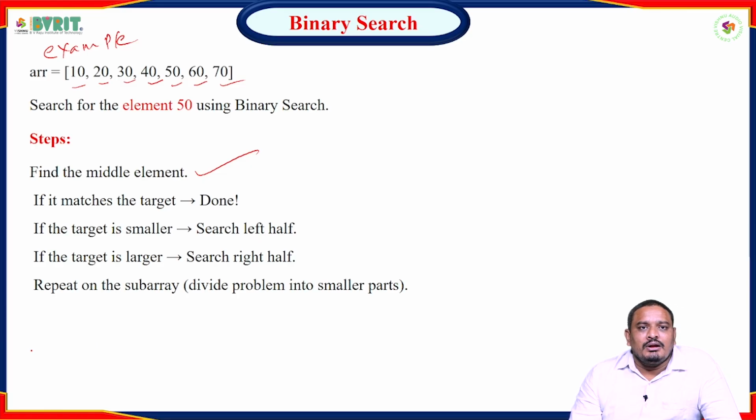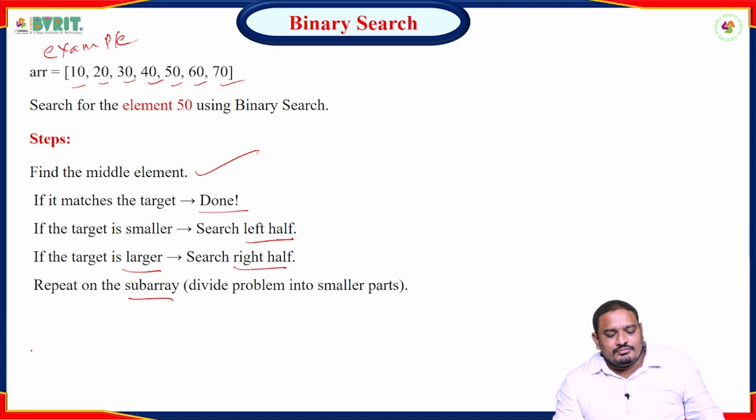If the middle element matches the target, the program is completed. If the target is smaller, search the left half. If the target is larger, search the right half, and repeat the steps, dividing the problem into smaller sub-problems. These are the steps to follow when searching for an element using binary search.